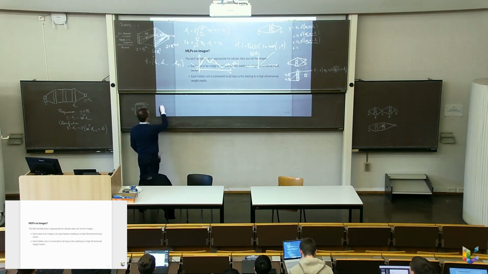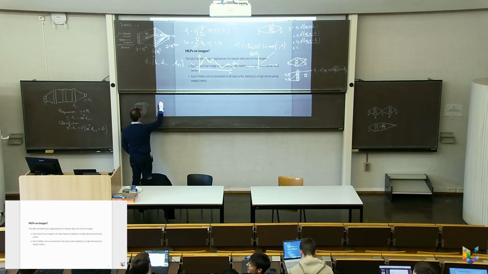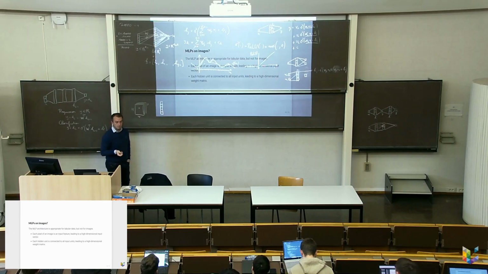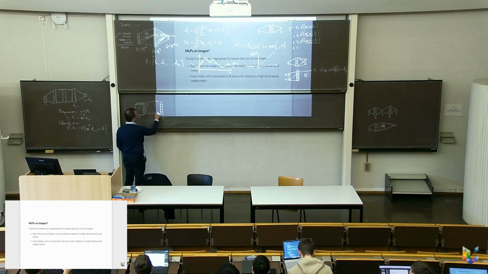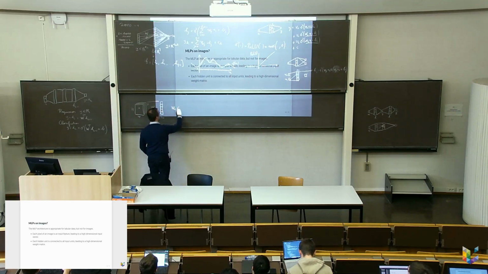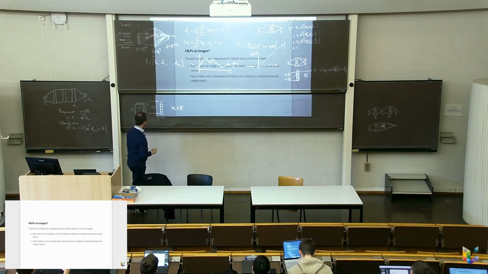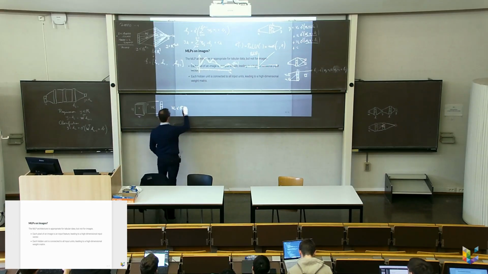Okay? So let's say that you feed that to a hidden layer of size, let's say 100 for q. Then already the matrix W0 would be a matrix of size number of inputs by number of outputs. So in this case it would be h times w times 3 times q, 100.